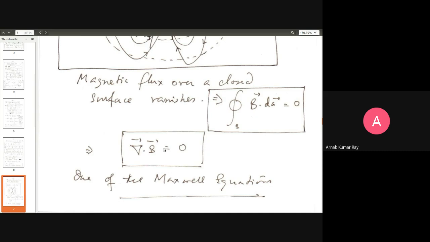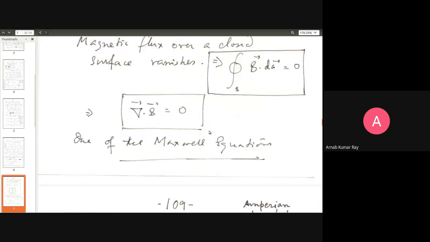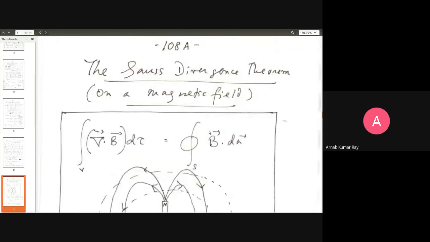If you have ever gone to the North Pole or countries like Norway or Sweden, or down south, countries like New Zealand, you will see the aurora, a beautiful color display of light over the North Pole and the South Pole. If you are very close to the pole, you will see such things above the horizon. That is also related to this divergence of B is equal to 0 business. So as you can see, there's a lot of natural phenomena connected with all these things.